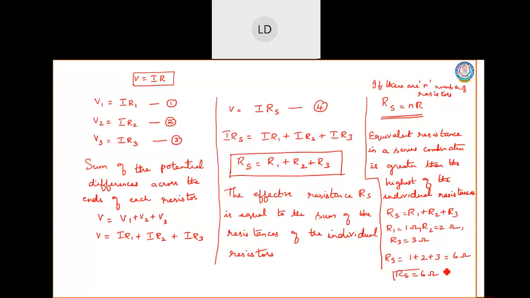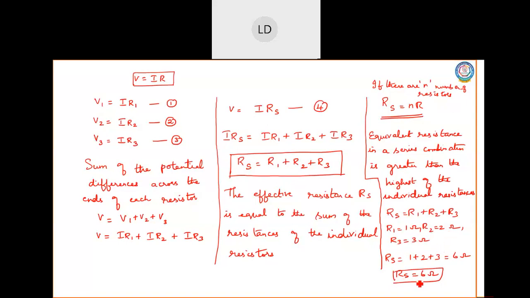Now look at the sentence. Definitely the effective resistance. Now in these three values, let us take the value of R1, 1 ohm, R2, 2 ohm, R3, 3 ohm. So which has got the greatest value here? 3. Okay. The effective resistance will be having a value which is higher than the individual value. Now this is greater among these three resistors.